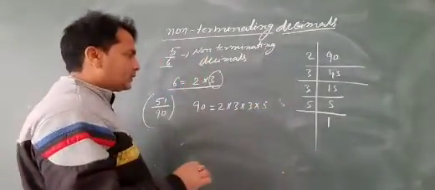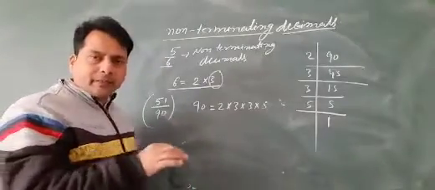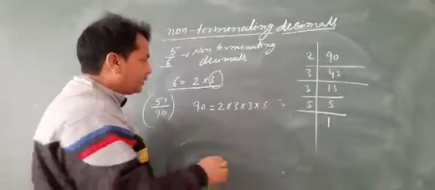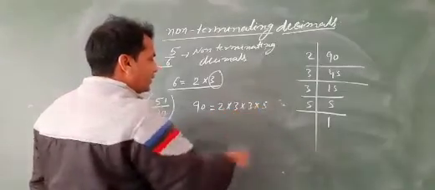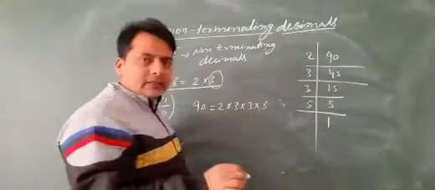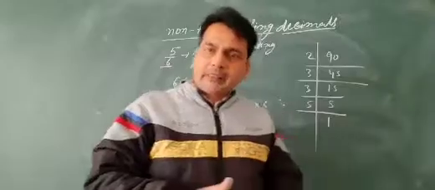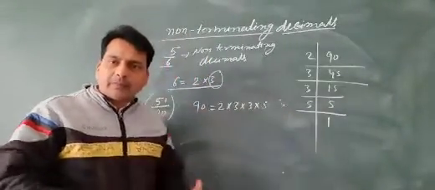So in this case, the prime factors of the denominator 90 are 2 into 3 into 3 into 5. According to the condition of the terminating decimal, only 2 or 5 or both of them must be present in the prime factors of the denominator.